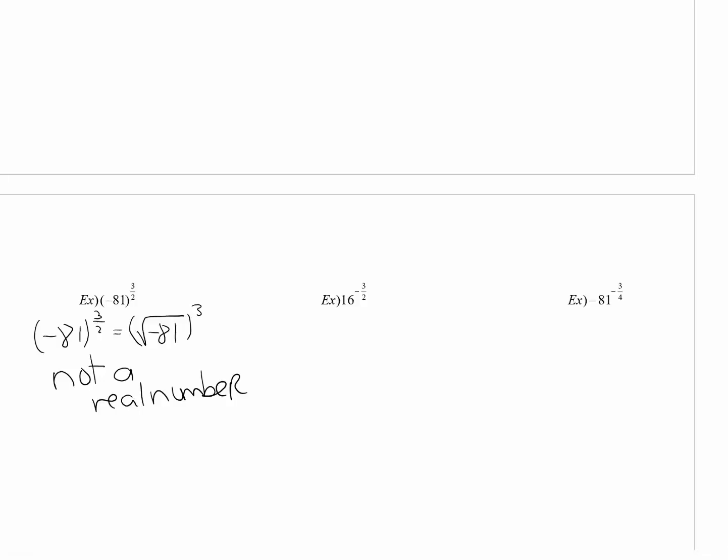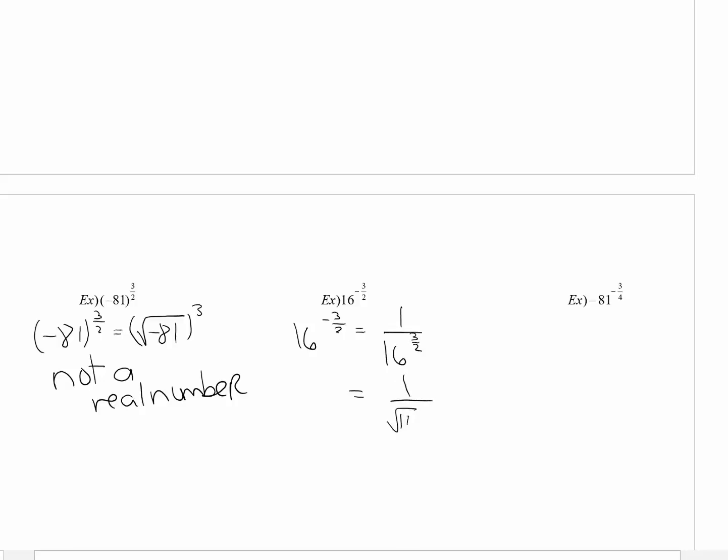Okay. Let's take a look at the next example then. Now, this time I have a negative exponent power. Remember, if I have a negative exponent power, that means I need to put it in the denominator. So this is the same thing as 1 divided by 16 taken to the 3/2 power. Well, I can do the same thing I've done prior to.